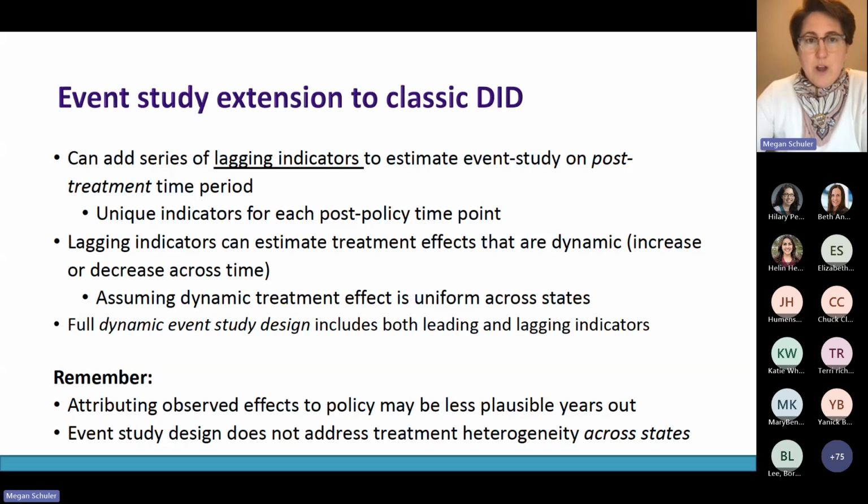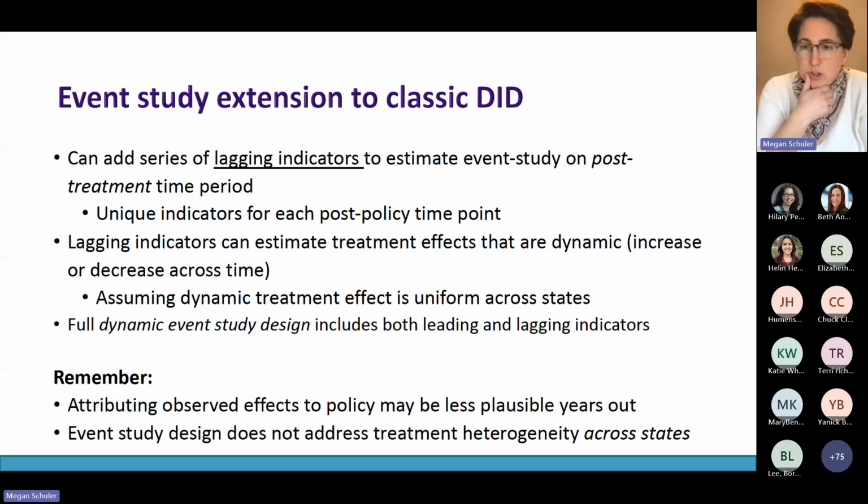So in terms of terminology, a full, quote, dynamic event study design would include a full set of both leading and lagging indicators. And just a couple of points to keep in mind in this context. In general, attributing observed effects to the policy of interest may be less plausible when you get many years out from the policy adoption date.